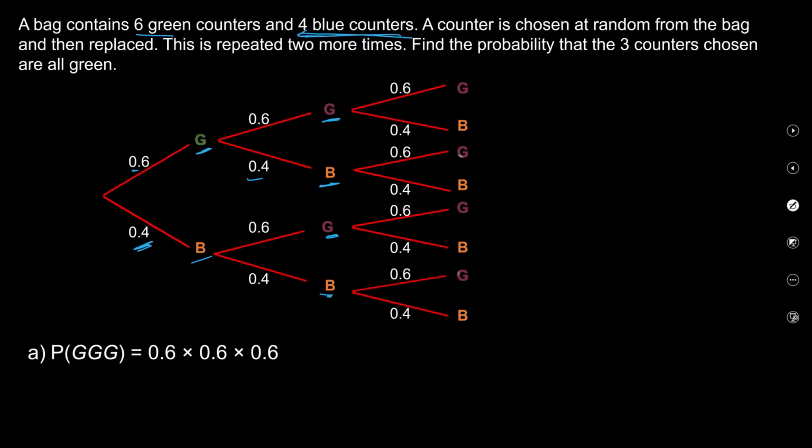Of getting green, it will stay 0.6. Of getting blue, still 0.4, and similarly. Now, the probability of getting green, green, green will be 0.6 times 0.6 times 0.6, because getting green is 0.6, and getting another green and another green will be 0.6, 0.6.